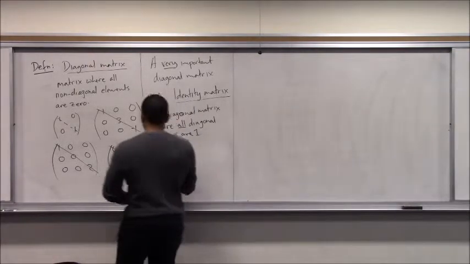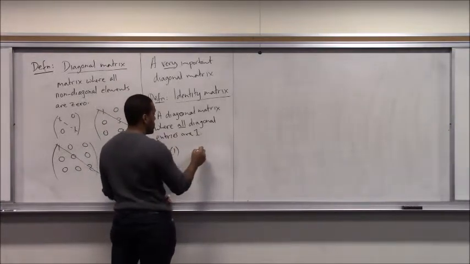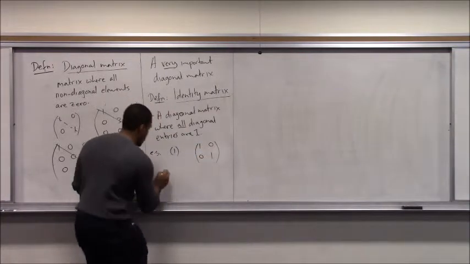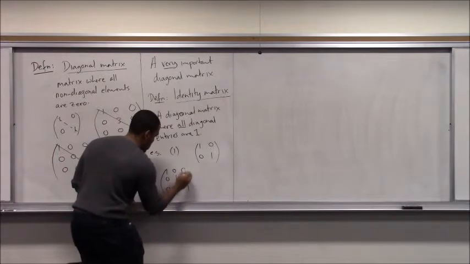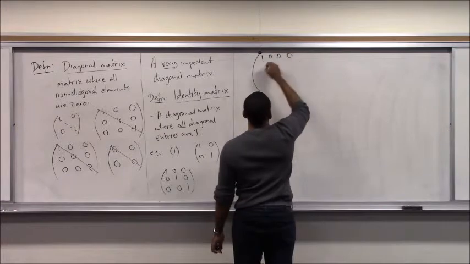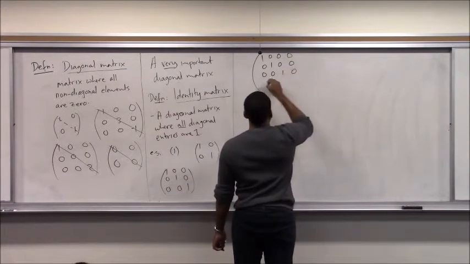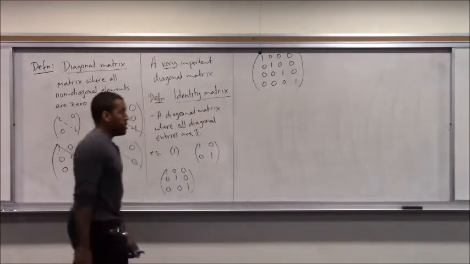So for example, you can have 1, that's an identity matrix. 1, 0, 0, 1 is another one. 1, 0, 0, 0, 1, 0, 0, 0, 1, that's another one. And of course, you can keep building up. These guys are the identity matrix.